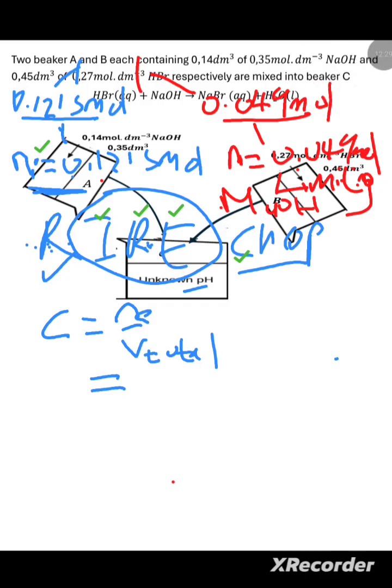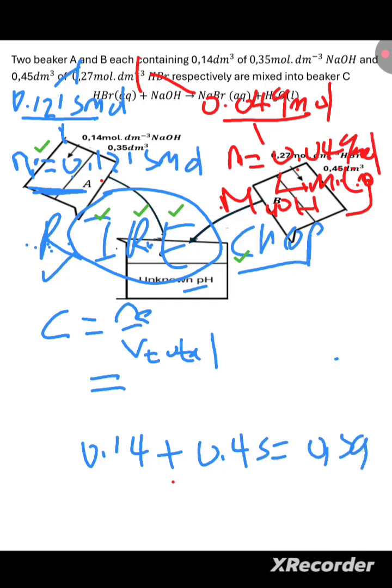So the total volume now is 0.14 plus 0.145, which is 0.59.